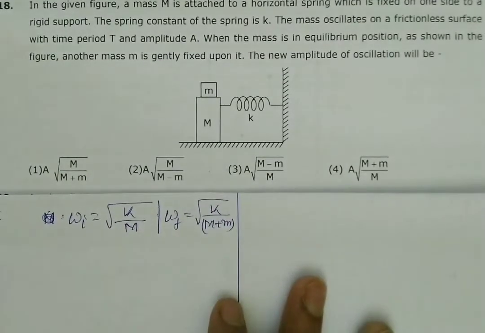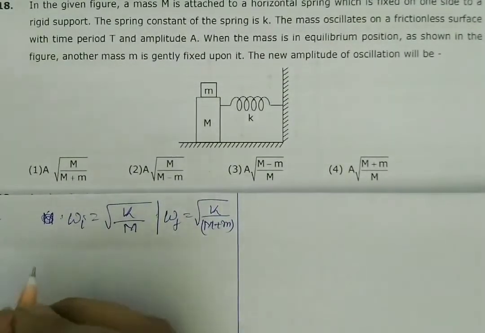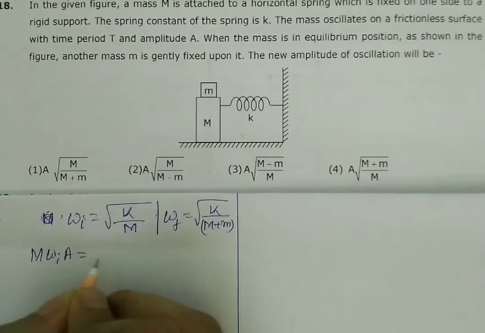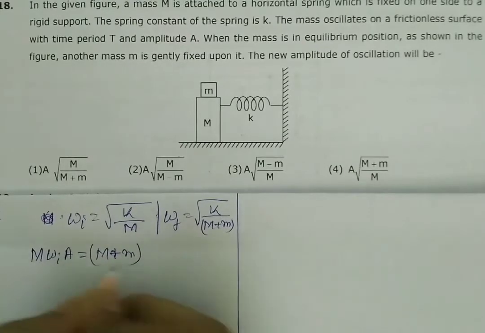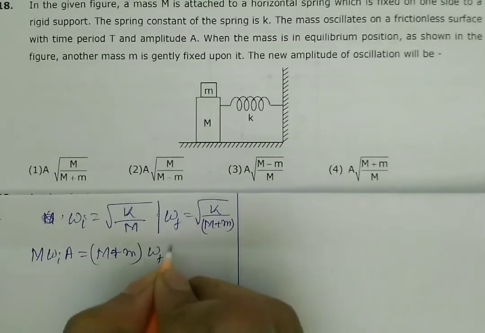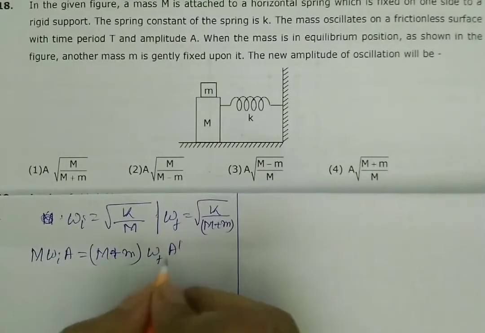As we have to conserve the momentum at the equilibrium position, the momentum will be M omega initial A, where A is the amplitude, equal to M plus m into omega final into A dash, which we have to find.